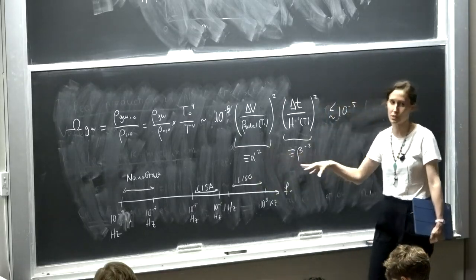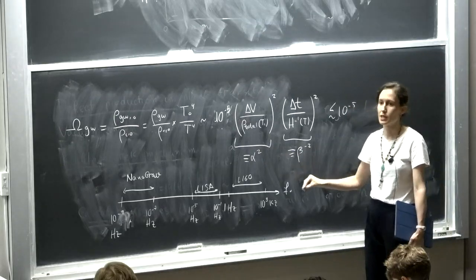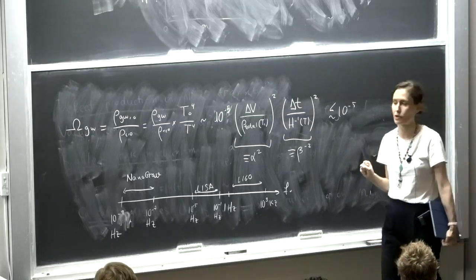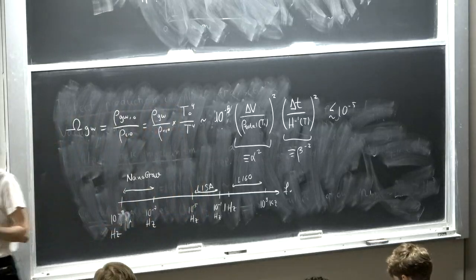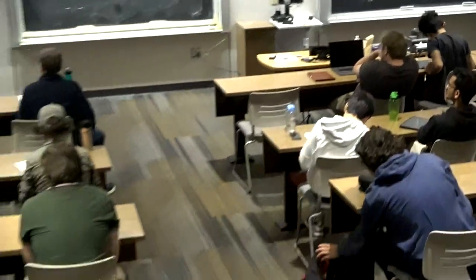So any stochastic background of gravitational waves that has primordial origin will be a clear smoking gun for dynamics in the early universe beyond the standard model. One caveat is that there can be astrophysical sources of stochastic gravitational waves, and one will have to deal with those to see to what extent you actually have something primordial.